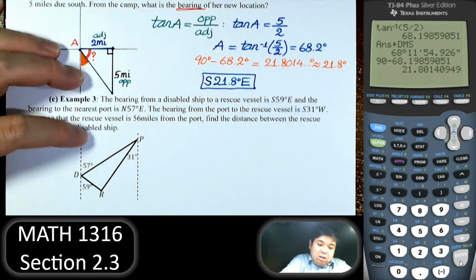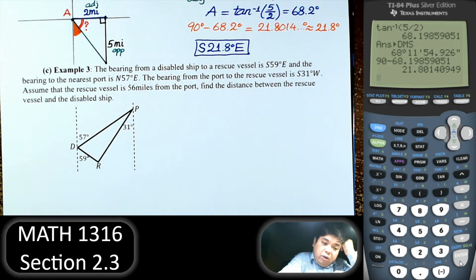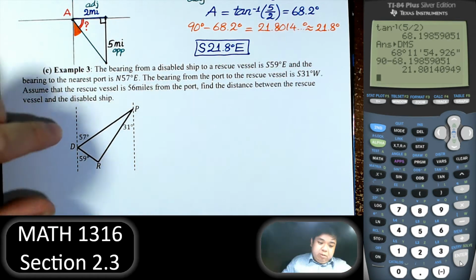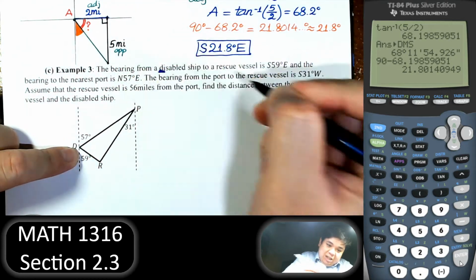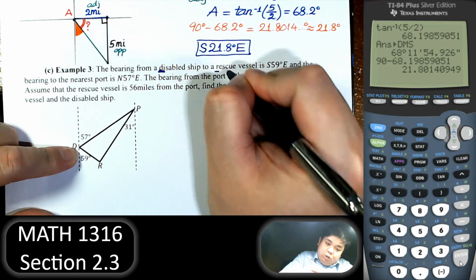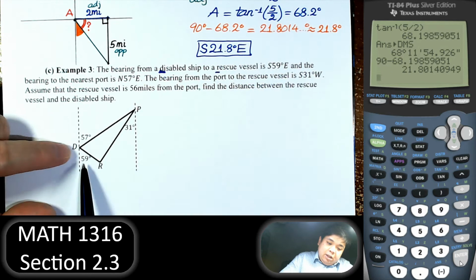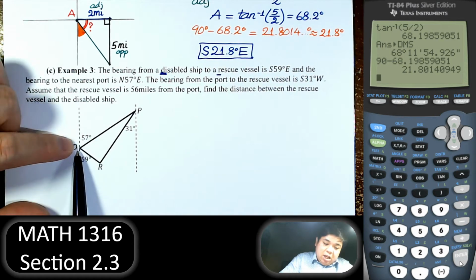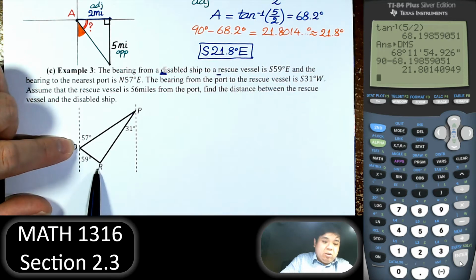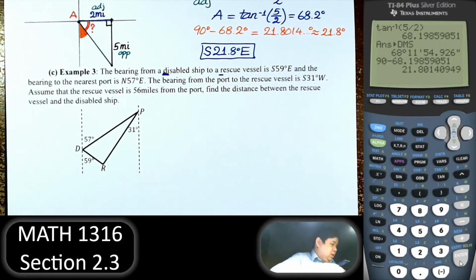Next, let's look at this example. The bearing from a disabled ship, D, to a rescue vessel, R, is south 59 degrees east.